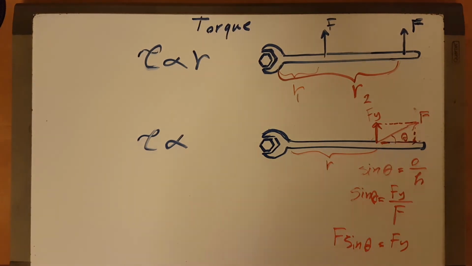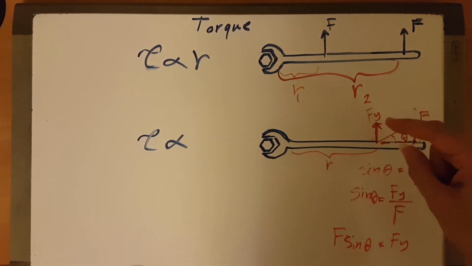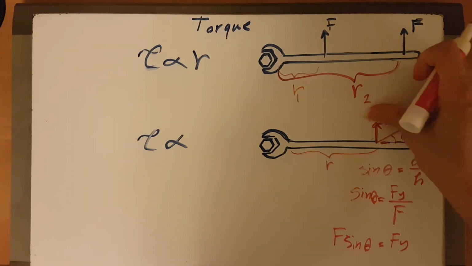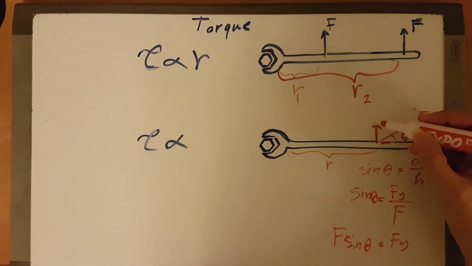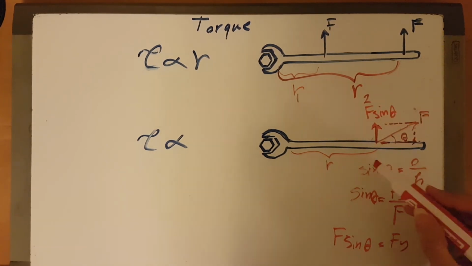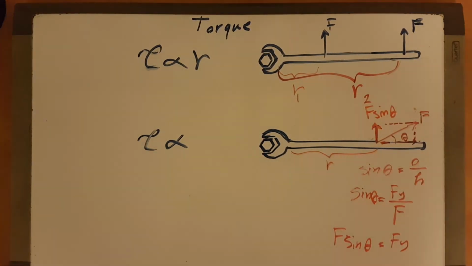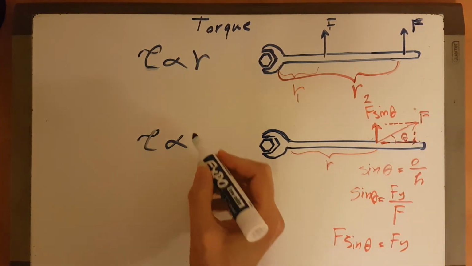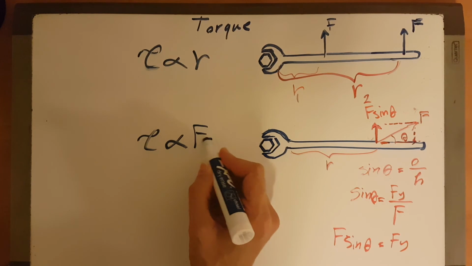So I should say what actually causes the torque is F sine theta. So I'm just writing here F sine theta. F sine theta is what is actually causing the torque for me. So I should say that torque has a direct relationship with F sine theta.